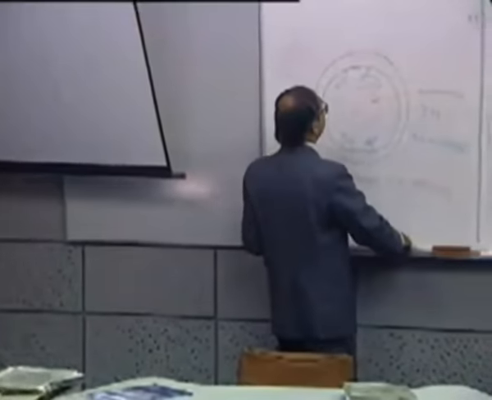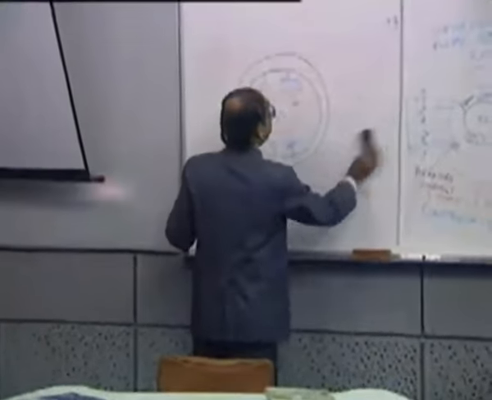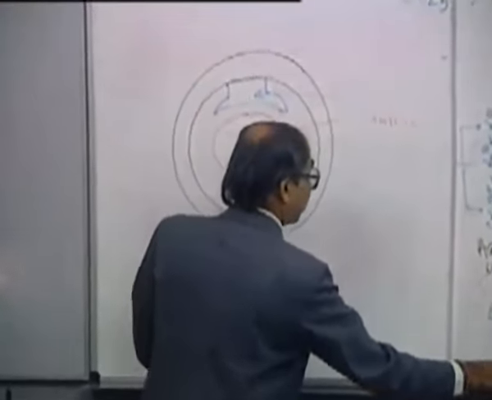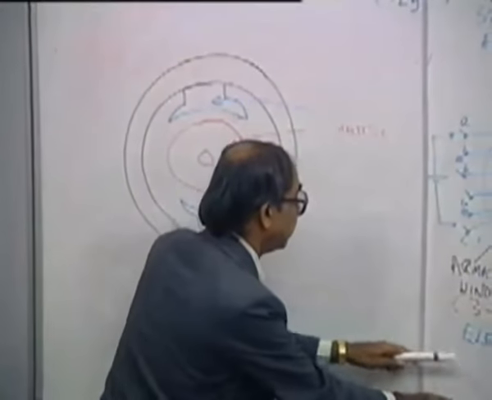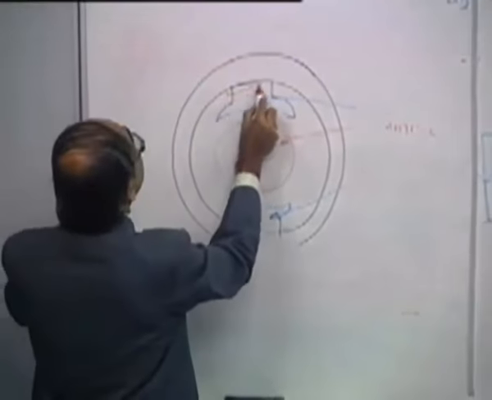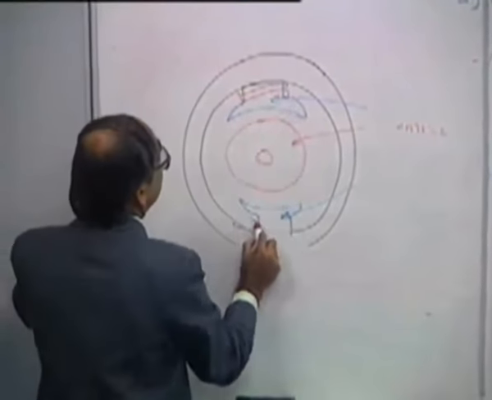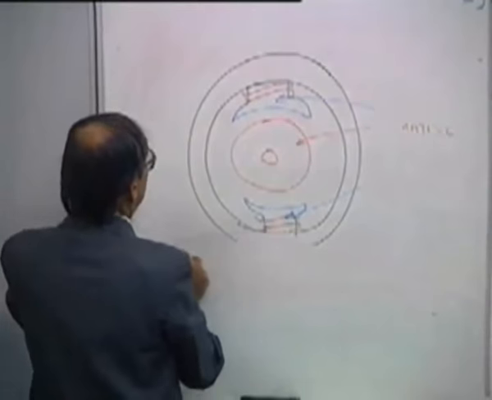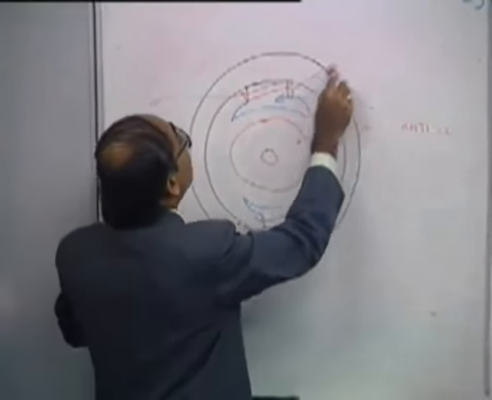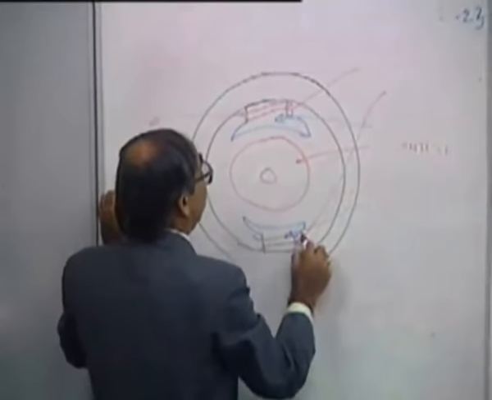So apart from permanent magnet, we don't put permanent magnet here, but we put some windings here. So you have the windings here, field, these are called the field windings.